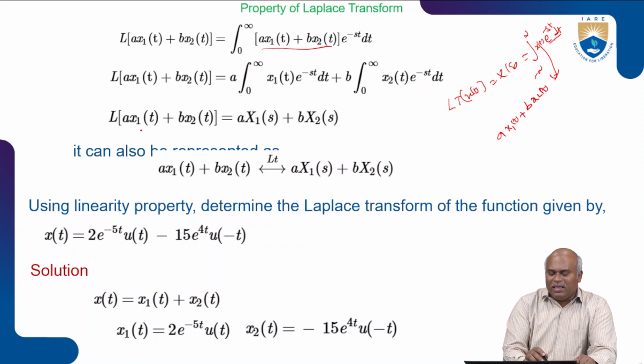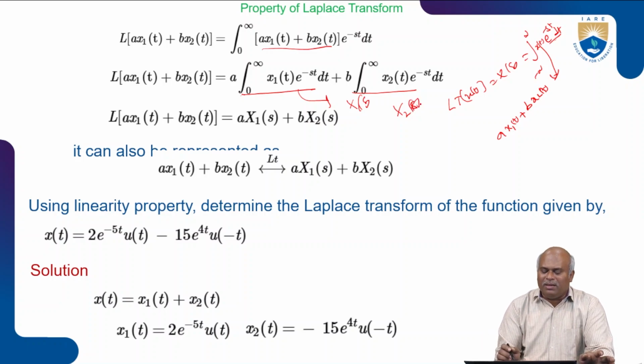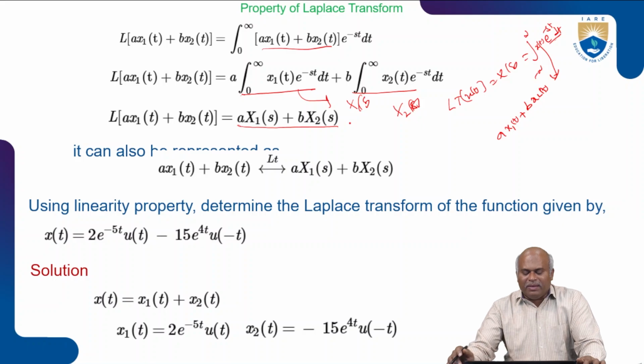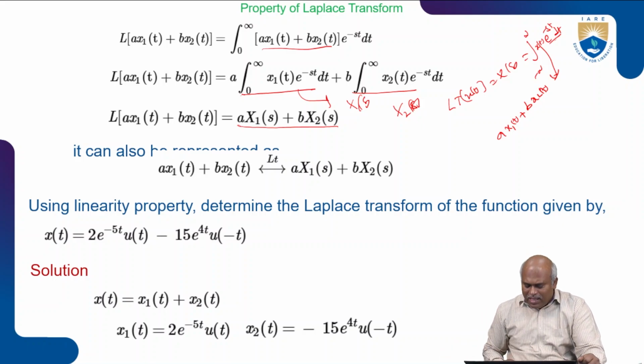The first term is X1 of s and the second term is X2 of s, based on the formula. So we get a X1 of s plus b X2 of s, which satisfies the statement.